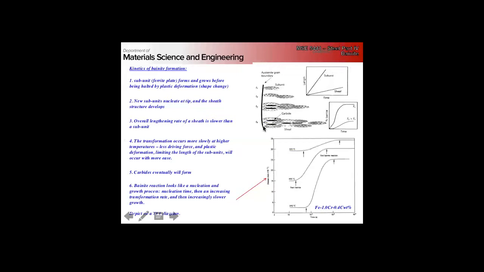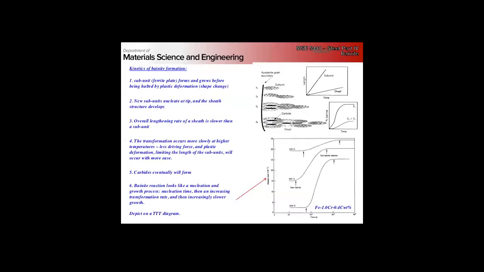after that we get carbides that form. And this transformation occurs more slowly at higher temperatures, so we have less driving force. We have less driving force, but plastic deformation is a lot easier. So at higher temperatures, the sheaths grow slower, but the individual subunits can grow longer because we have easier plastic slip.